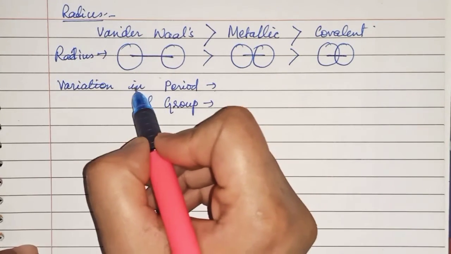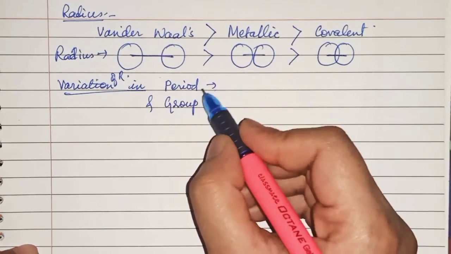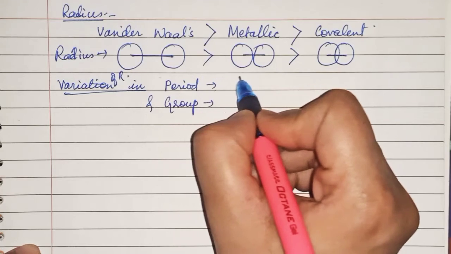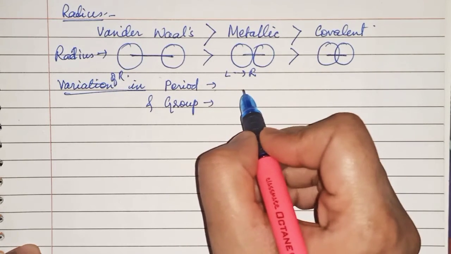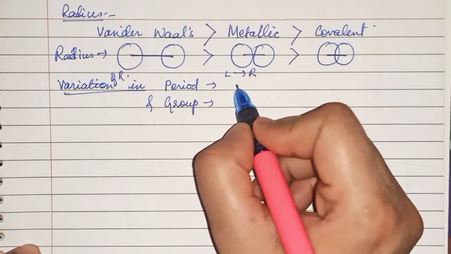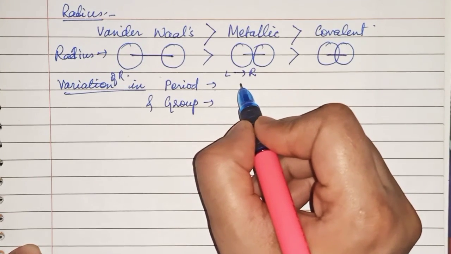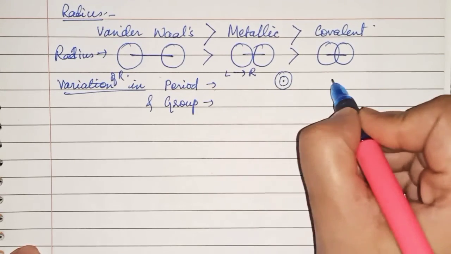Now, variation of radius in period and group. Period means you are moving from left to right in the periodic table. So when you are moving from left to right, children, you will see that the nuclear charge is increasing and the number of shells remains the same.